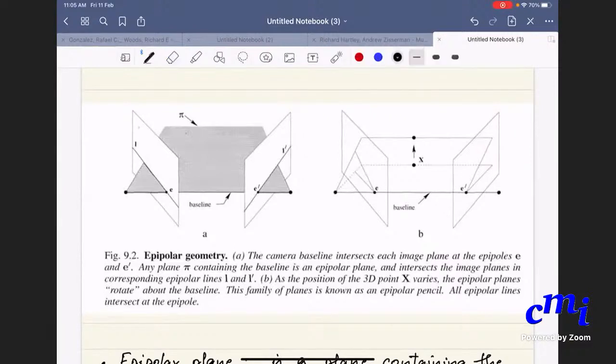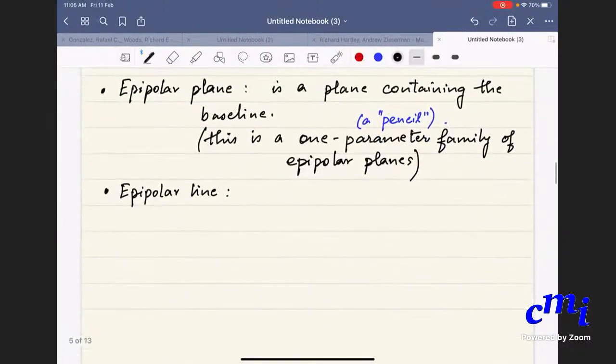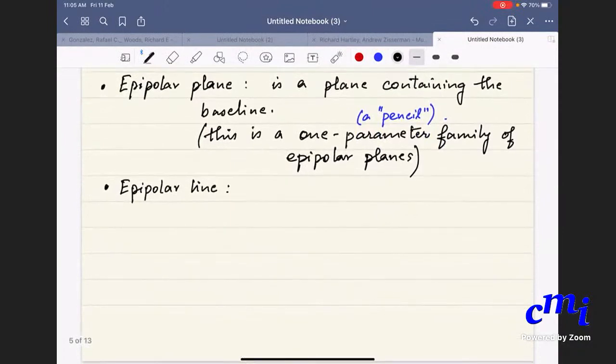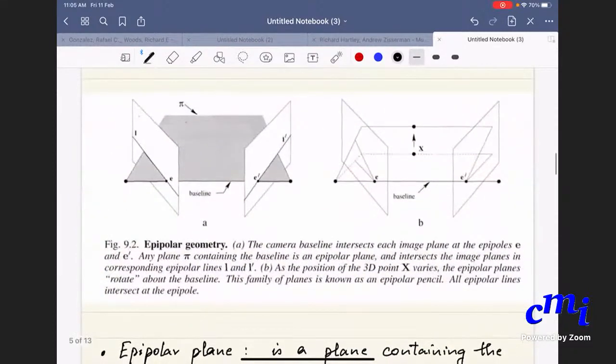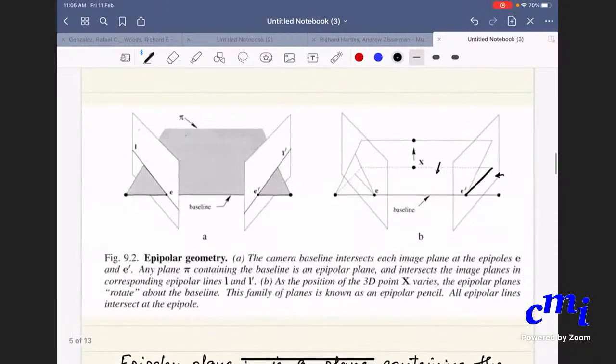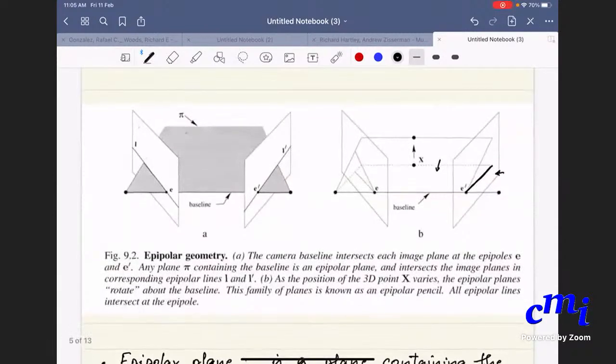Then let's define the epipolar line. As we have seen, the epipolar line is the intersection of the epipolar plane. Here, when we talk about the epipolar line, say this one, what is this? This is the intersection of this epipolar plane with this image plane. So for talking about an epipolar line, you have to fix an epipolar plane first.